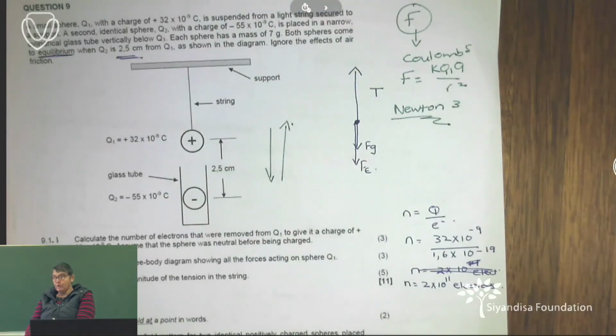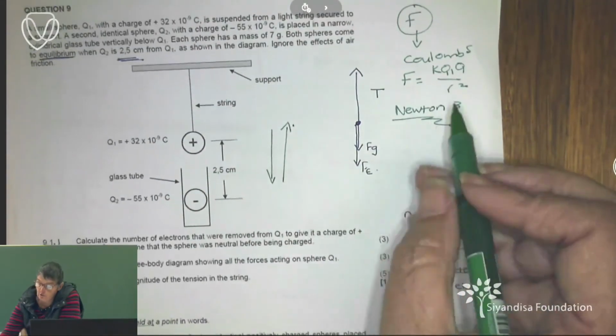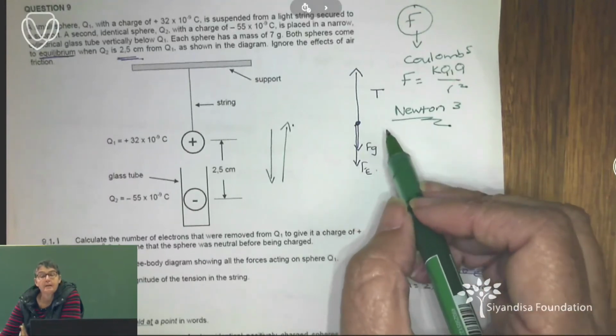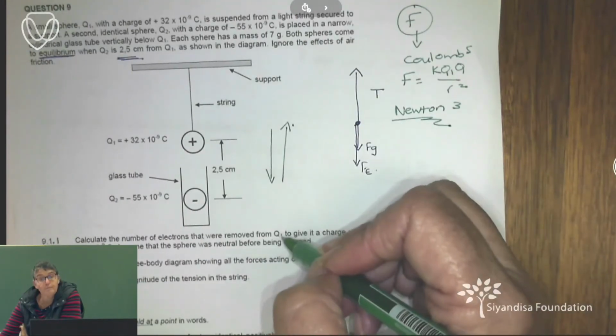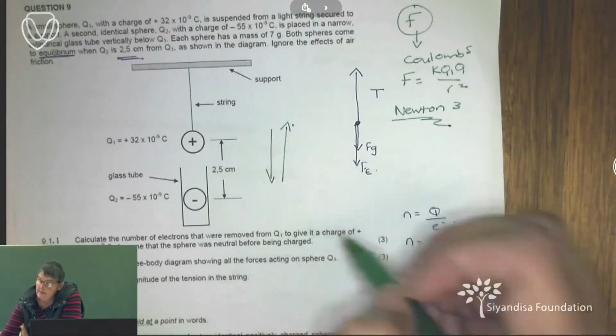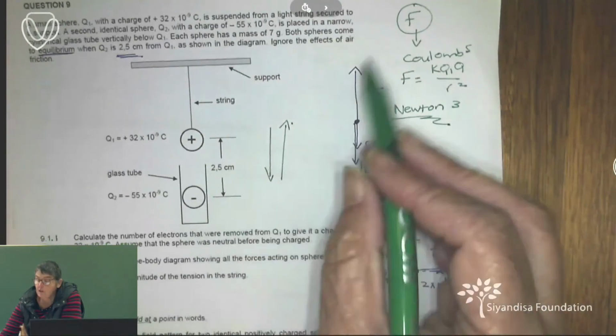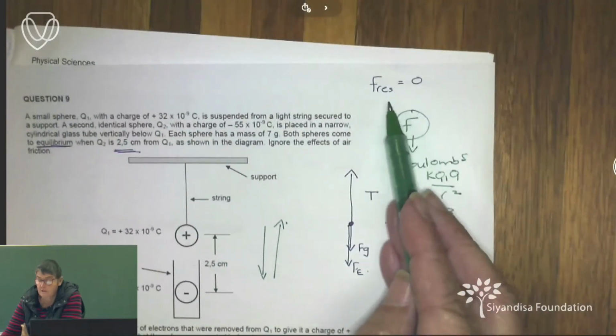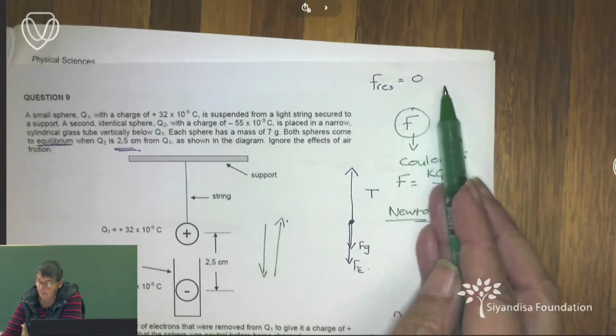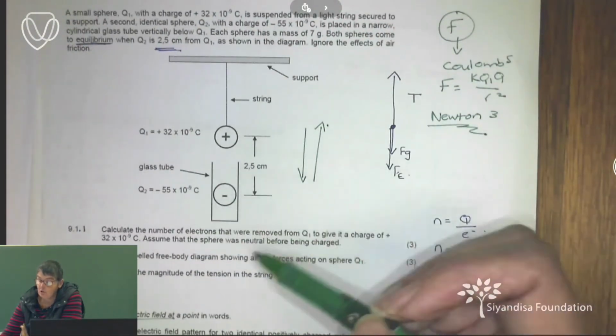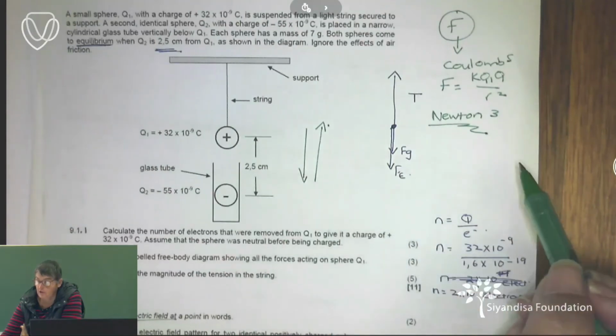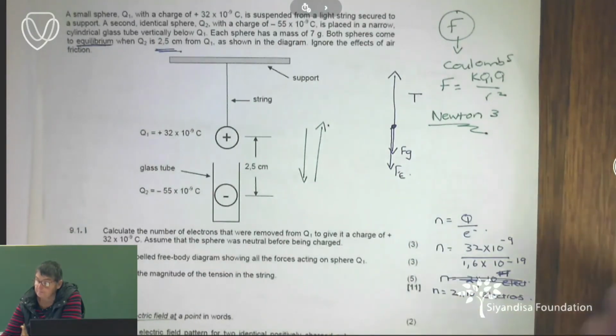The next thing we need to remember is that they can ask us to draw the free body diagrams, and that in this particular question, our resultant force was equal to 0. So we had to use a whole long equation equal to 0 to get that.